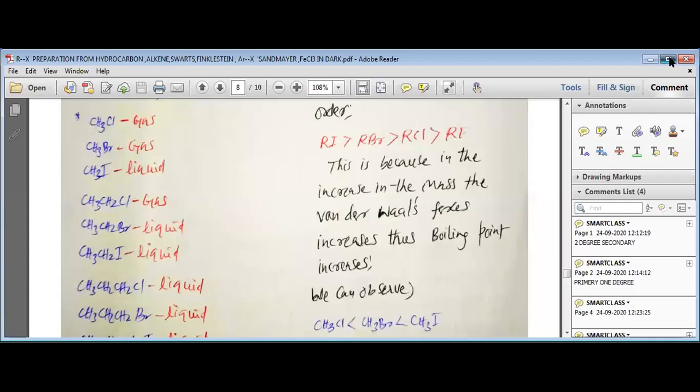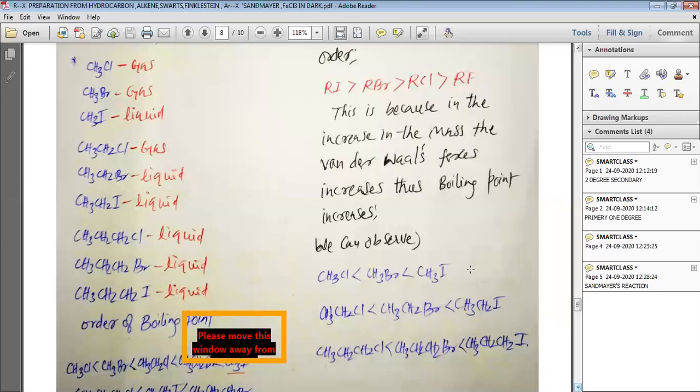You can see that there are various alkyl halides I have written, and I have written their physical state. CH3Cl is a gas, CH3Br is gas, but CH3I is liquid. CH3CH2Cl is gas, but CH3CH2Br is liquid. CH3CH2I is liquid.